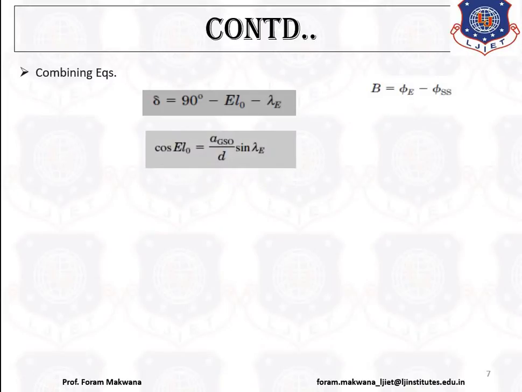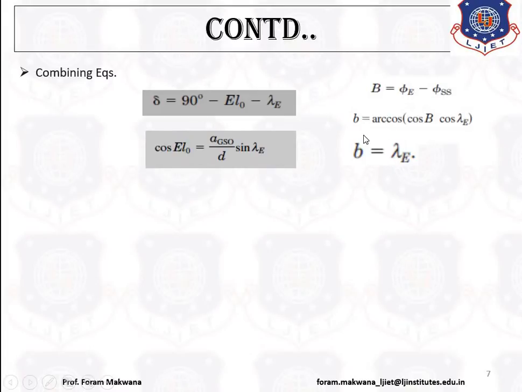Small b is equal to arc cos of cos B into cos lambda E, which we have already derived. But the value of capital B is 0, so cos inverse of cos becomes 1, and we get b equal to lambda E.